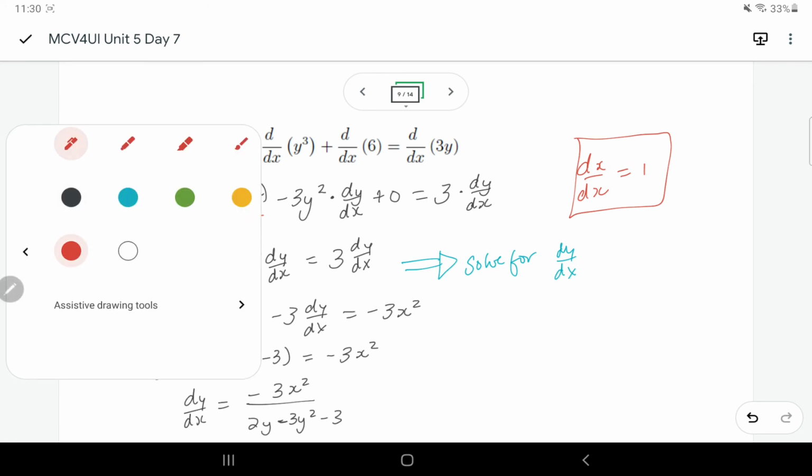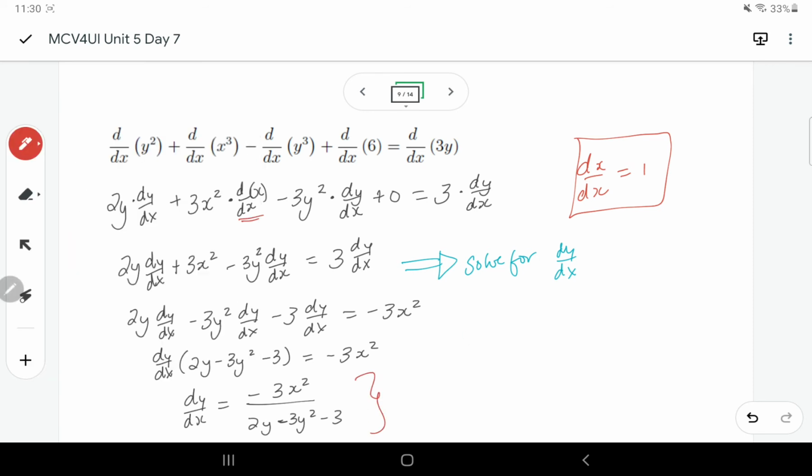So to find dy/dx at a point, you need both the x and y.